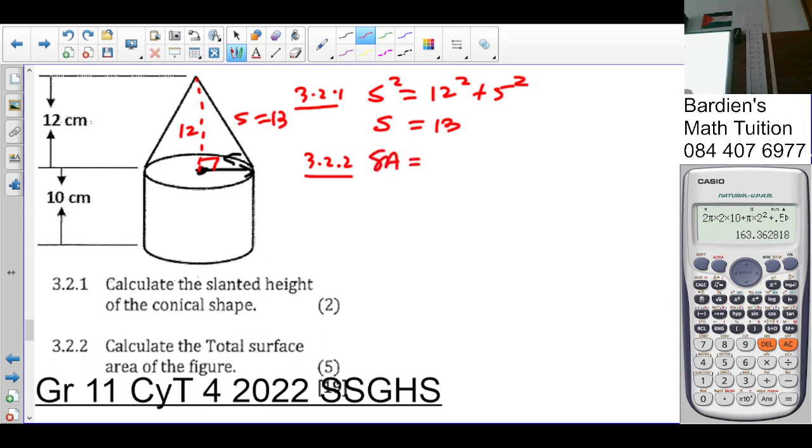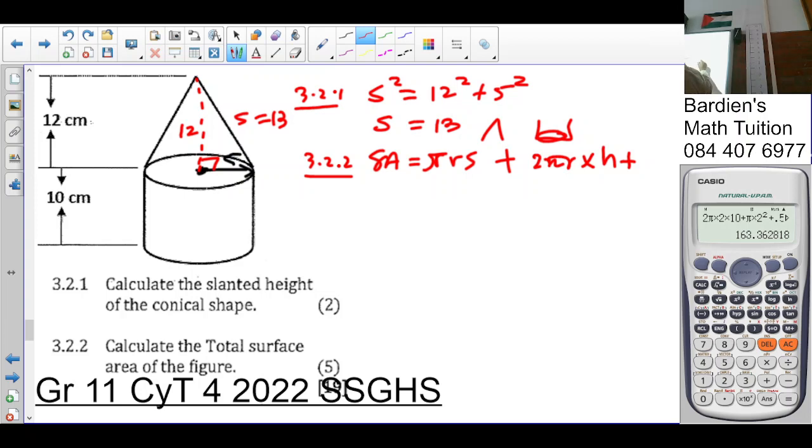The next question, 3.2.2, says calculate the total surface area of the figure. The surface area of a cone is going to be pi r s, which is the outer part, plus pi r squared, which is the base of the cone, that I'm omitting here, plus the cylinder. The surface area of a cylinder is the perimeter of the base, 2 pi r times height, plus the base, pi r squared.